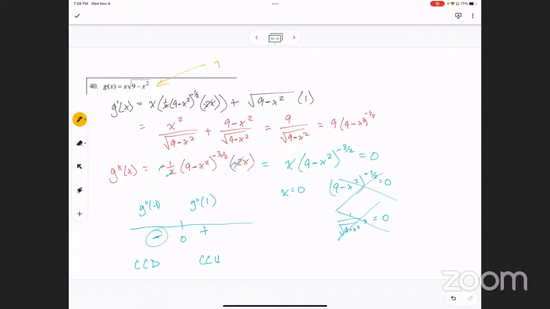The domain, x has to be between what? -3 and +3. Because if you plug in like 4, let's say, that's 9 minus 16, which is a negative number, and we can't take the square root of a negative number. So there's a domain restriction on this. It's between -3 and +3.